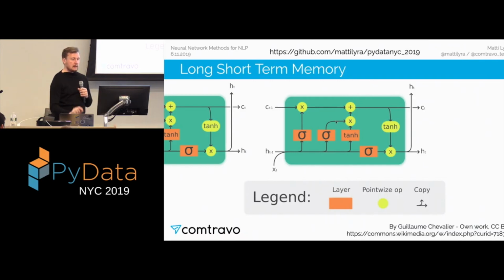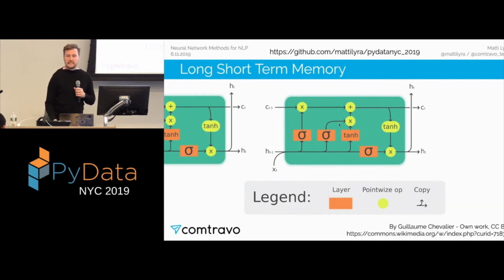And then there's an update, an addition here. The update is doing a similar thing. It computes two things: which positions in this internal cell state vector need to be updated, and by how much? Is it a +1 or a -1 or a +0.2, and so on? These two are again put together.